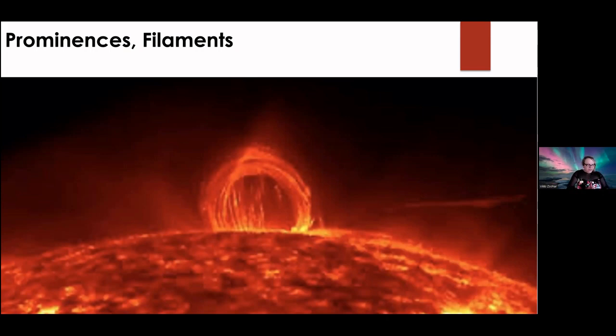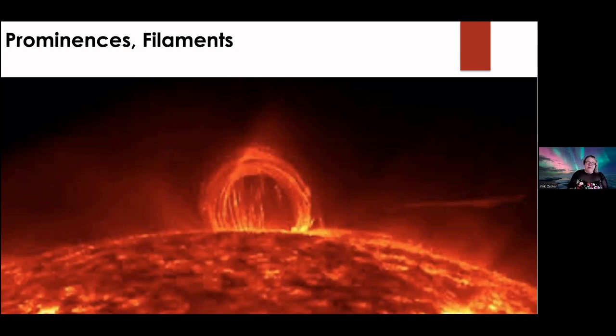The red glowing looped material is plasma. It is a hot gas comprised of electrically charged hydrogen and helium, which is what the sun is made of. The prominence plasma flows along a tangled twisted structure of magnetic fields generated by the sun's internal dynamo.